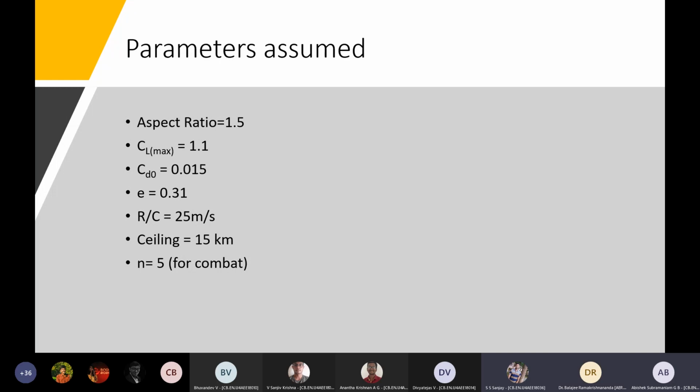What I am worried is if you have flaps, you can still increase this. I don't know whether you plan to have flaps or not. It's better to have flaps because if you want to evade the missile or something, suddenly you want to increase CL, it may be useful. For combat, good to have high CL max. But you don't have a combat phase, you just have to escape.